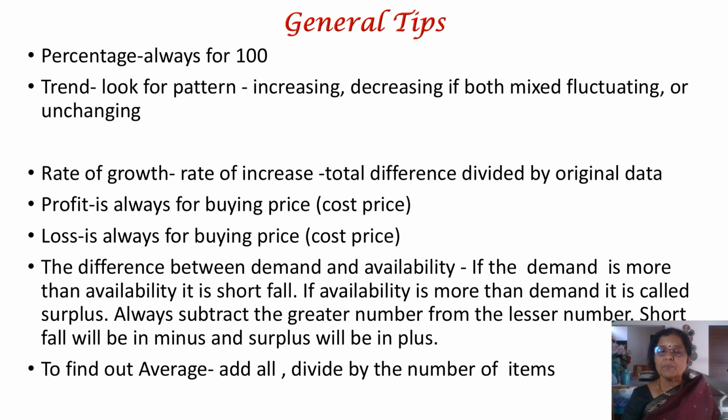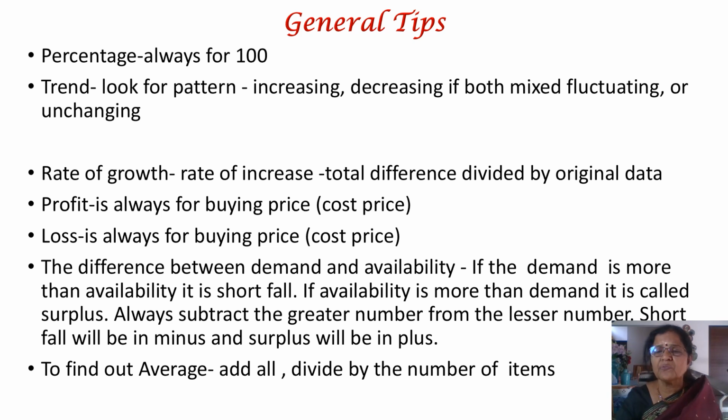And also remember, profit and loss are always calculated on the buying price. And if the demand is more than the availability, it is called shortfall, and if the availability is more than the demand, it is surplus. So they may use various terms. They may call the shortfall a deficit, and when the availability is more, they call it a surplus, more in supply.